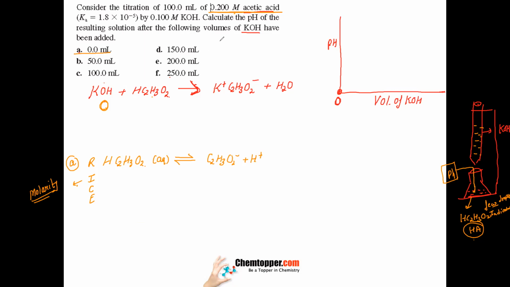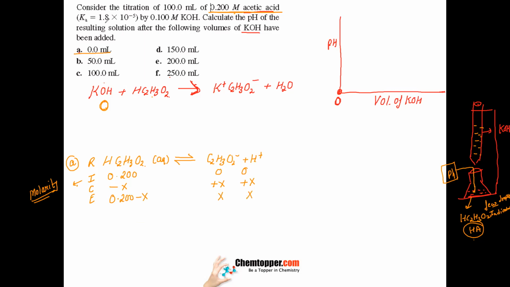Molarity. And that molarity we know is given, 0.200. Complete the RICE table. You already know how to do it. X is the change, that much amount dissociated: minus x, x, x.